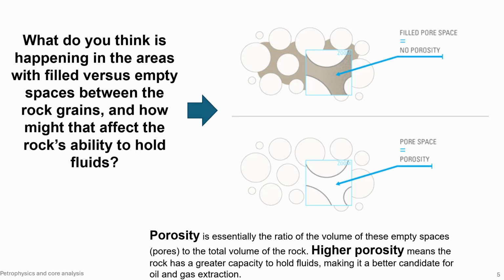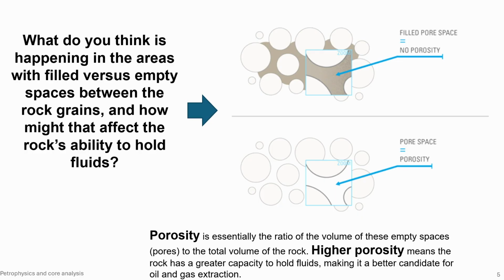This slide introduces porosity, one of the most fundamental reservoir properties. Porosity is the fraction of the total rock volume that is made up of empty pore spaces. In other words, if we imagine the rock as a mixture of solid grains and void space, porosity tells us how much of the rock can potentially contain fluids.